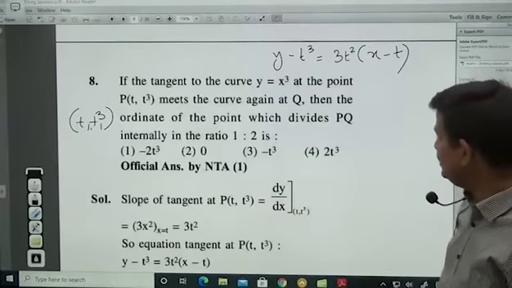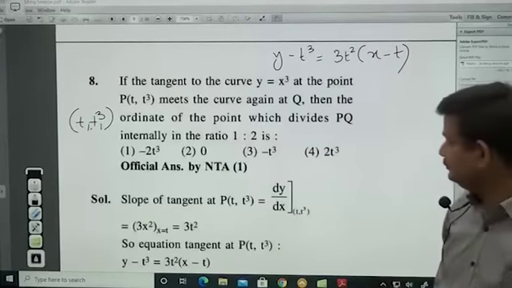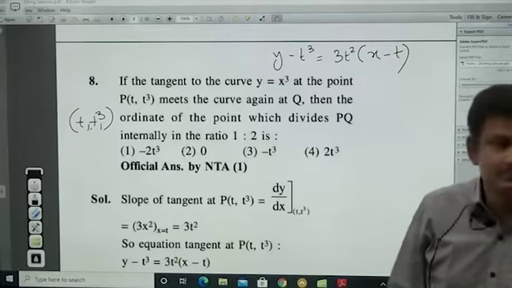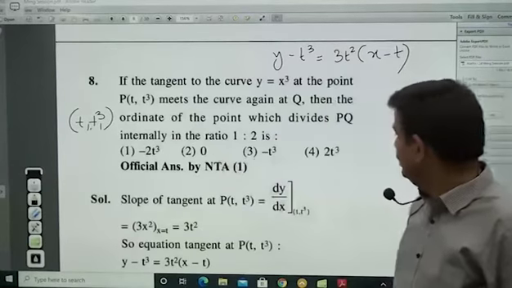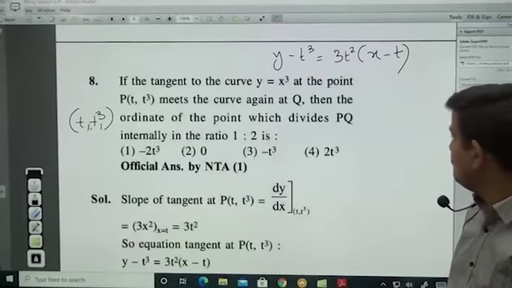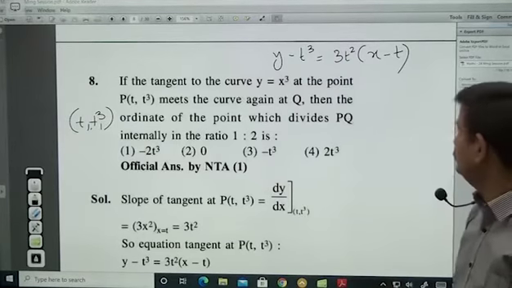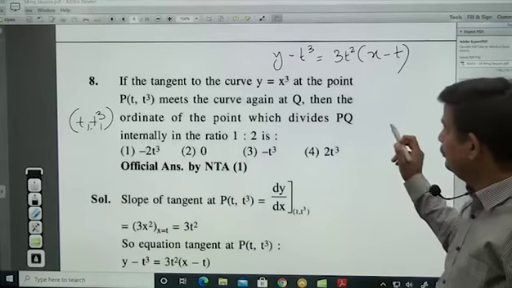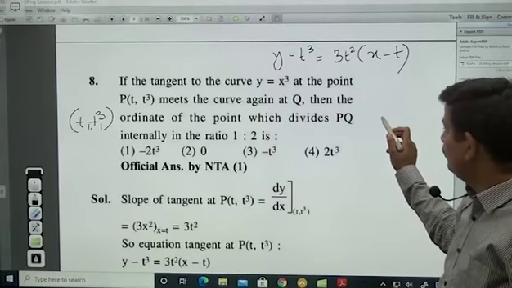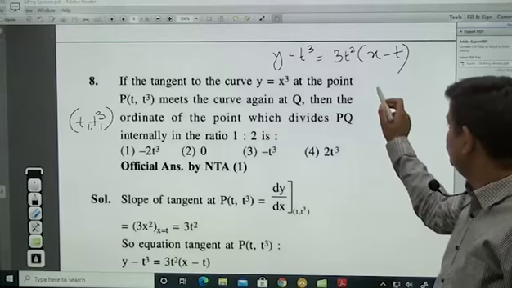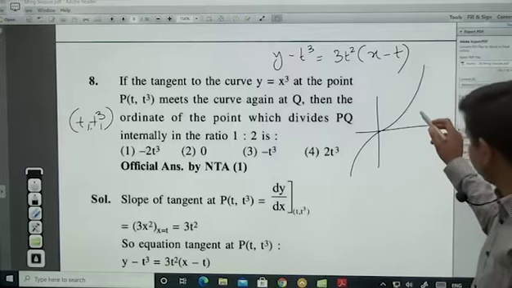So what is the ratio in which the ordinate of the point divides PQ internally in the ratio 1:2? What do you mean by ordinate of the point? Y coordinate. Y is equal to x cube is the curve.